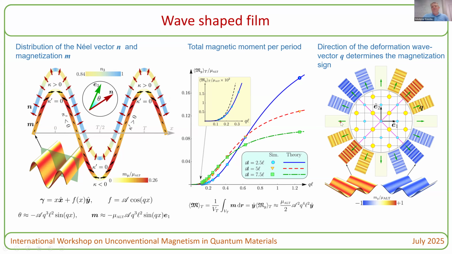The sign of this magnetic moment and its amplitude depend on the orientation of the deformation. So it vanishes if this wave vector of deformation is along the nodal planes, and the maximum value we see when this Q vector is along this altermagnetic diagonal terms. Yeah.